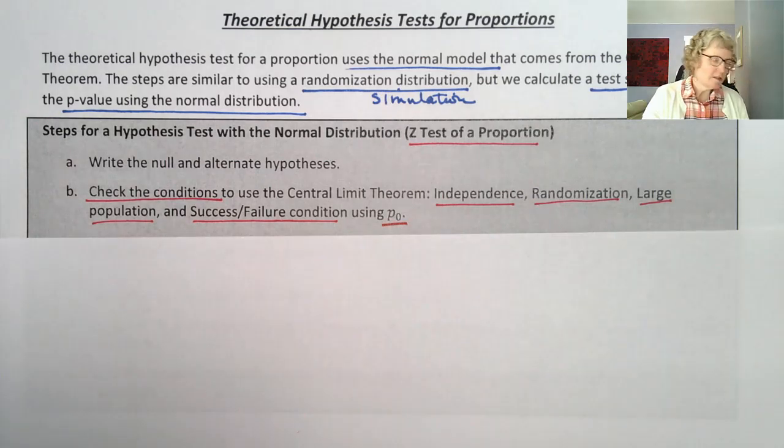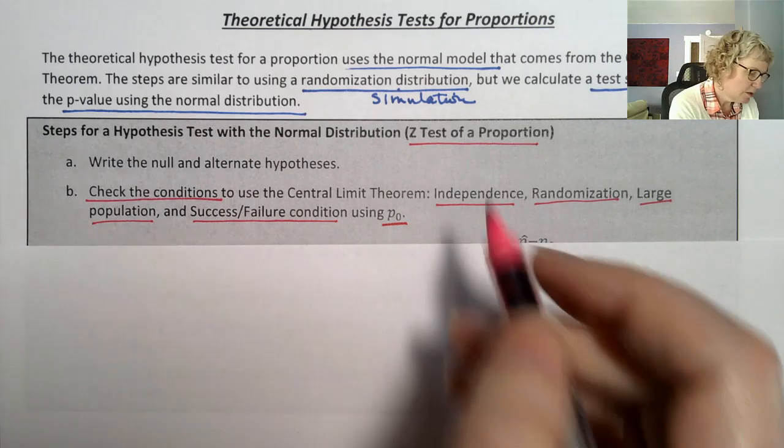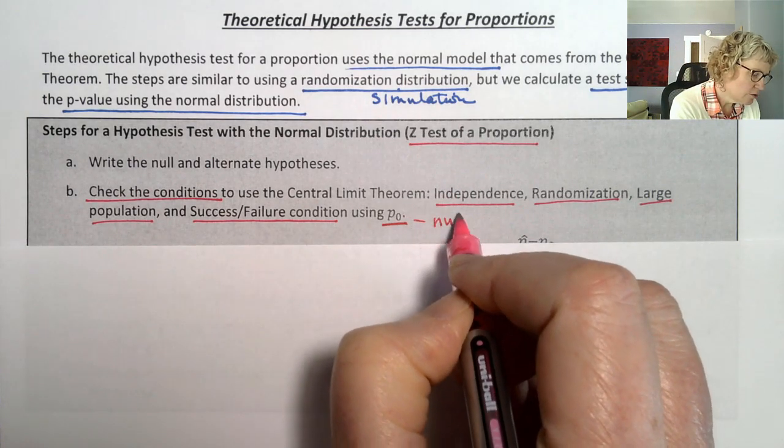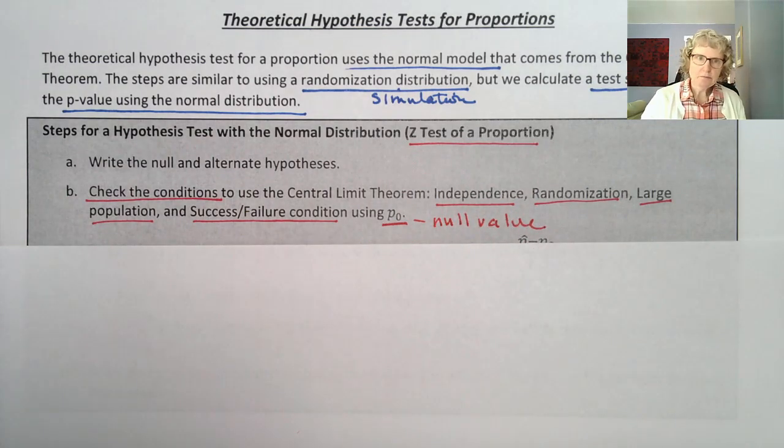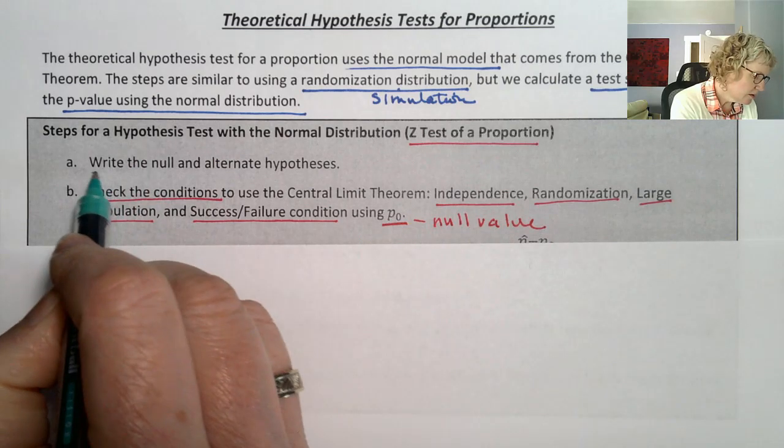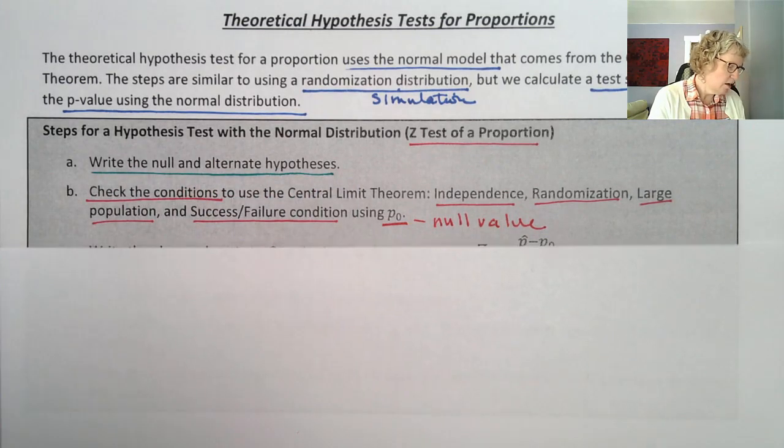We're going to use p0 when we're checking the success-failure condition, because we're assuming the null is true. The p0 is the value of the null, so I'm going to write out that's the null value. Okay. Let me just underline this first one as well.